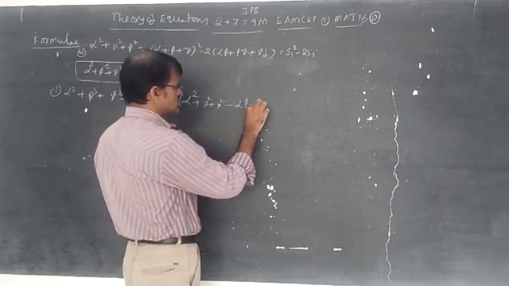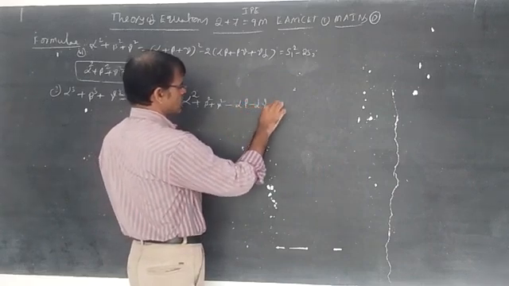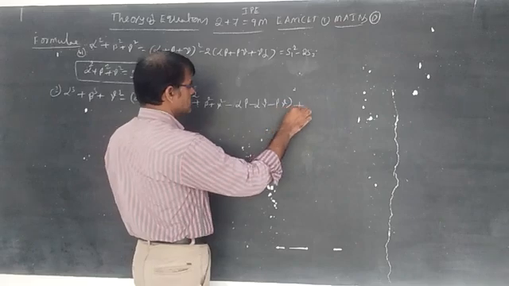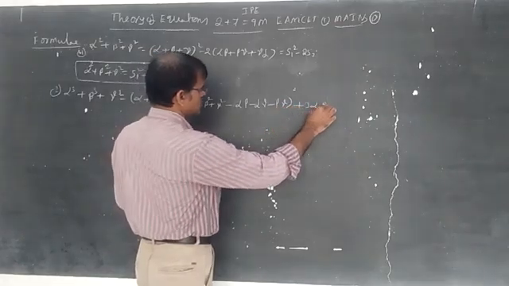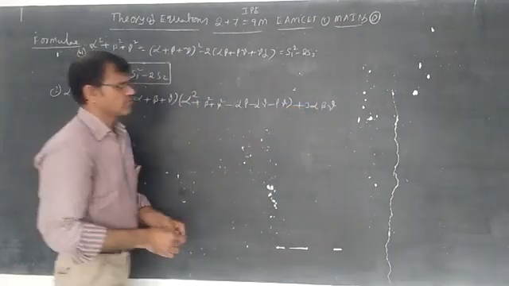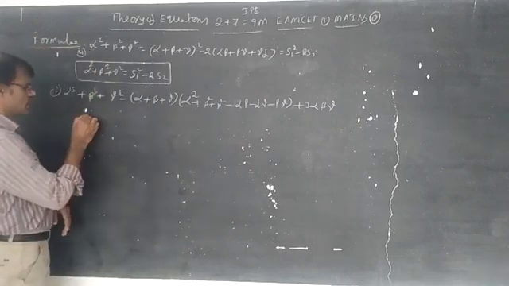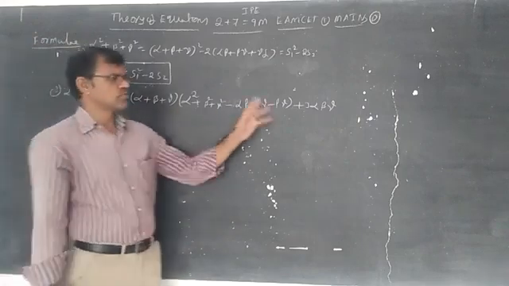So this is alpha square plus beta square plus gamma square minus alpha beta minus alpha gamma minus beta gamma, plus 3abc formula. So this is 3 into alpha beta gamma. This is the formula. If you are having any doubts, simply you can multiply.